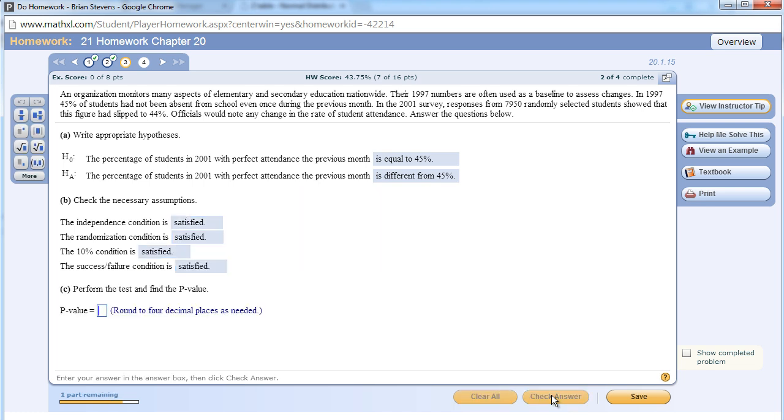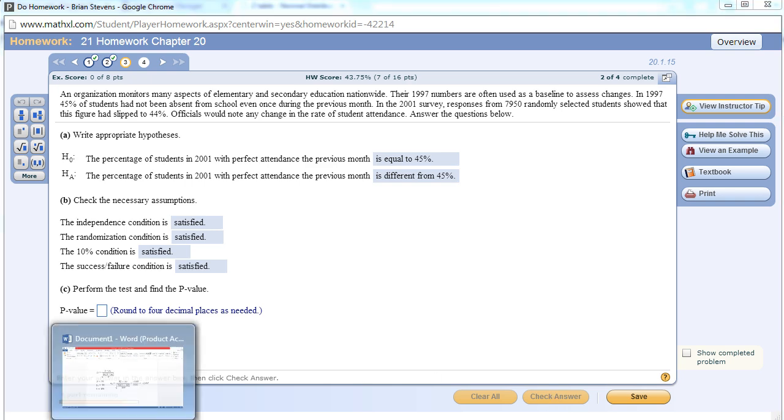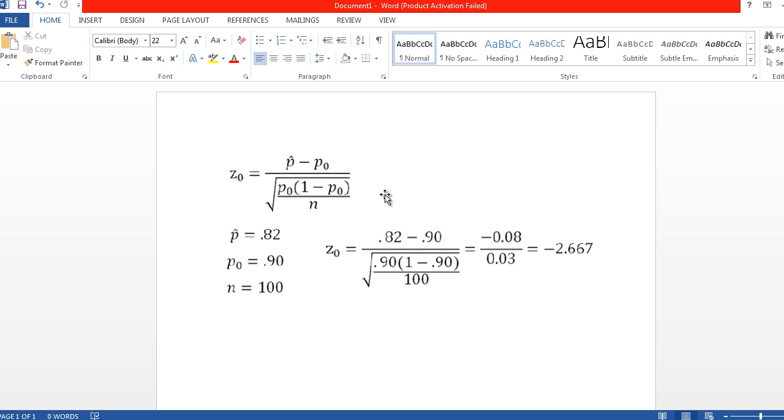Perform the test and find the p-value. This is very important. I'm going to display the equations with some dummy numbers in them. This here is Q naught. When you do this, you would plug in 0.44 minus 0.45, because p hat is our sample proportion. P naught is our tested proportion.